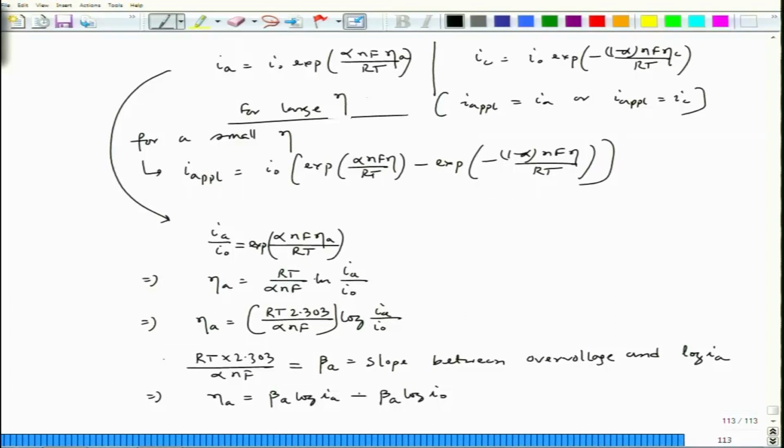Now this is a constant, since alpha is 0.5, nF is constant, and RT is constant if the reaction happens at a constant temperature. So this is equivalent to eta A equal to beta A log Ia plus some constant.